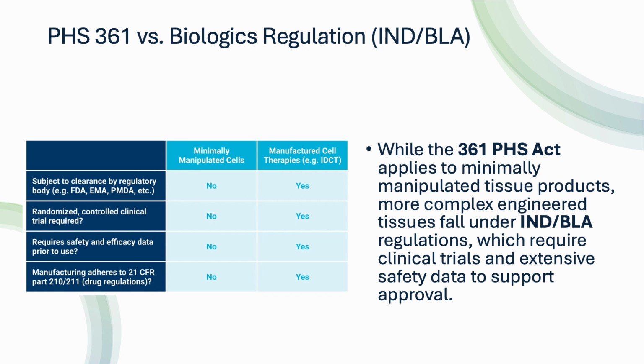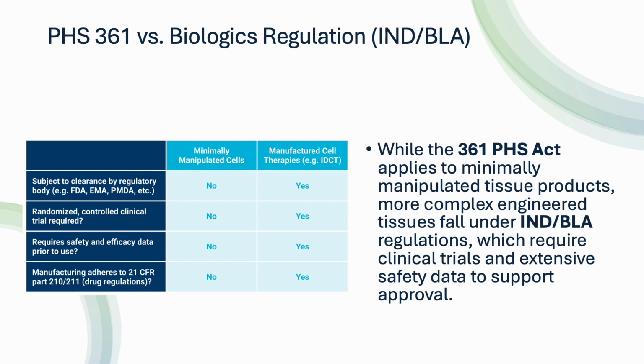However, if we are dealing with engineered tissue that are manufactured cells for cell therapies, we will need to have clearance by regulatory bodies. We need to have randomized clinical trials, and we require safety and efficacy data prior to use.